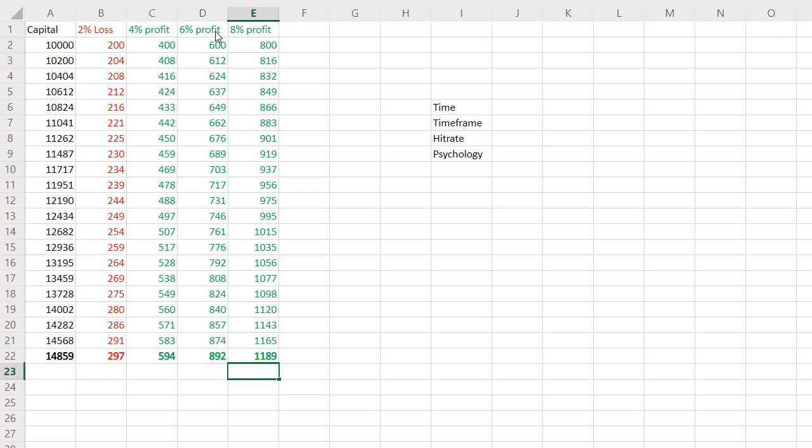So your loss on that particular trade could have been 200, and in this case, if the trade keeps on moving and it reaches its potential, you have 600 or you have 800. So these moves, your losses will get bigger, your profits will get bigger, but let's say you have 10,000 and you really aim for the big winners.